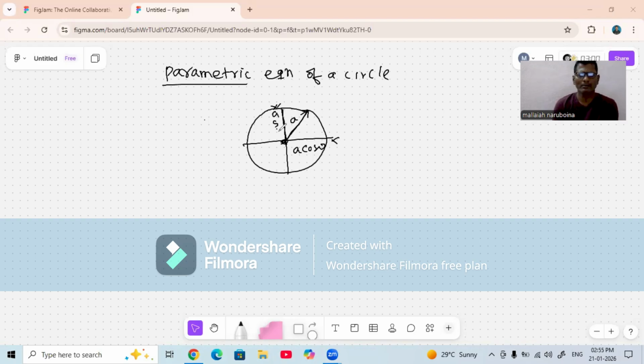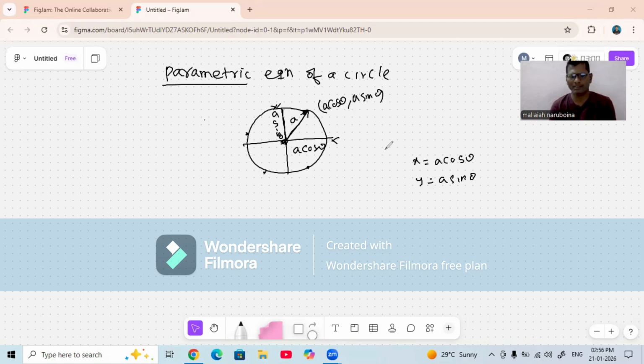So in place of x we write A cos theta, in place of y we write A sin theta. These two become the coordinates of any point on the circumference. If you take this point or that point, any point, the x coordinate will become A cos theta and the y coordinate will become A sin theta.